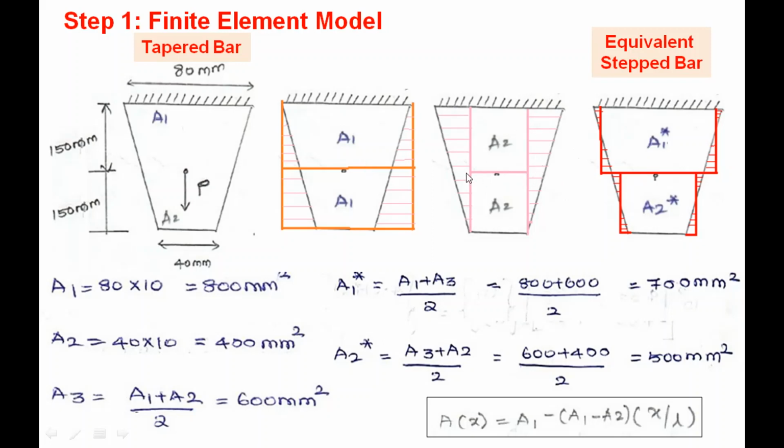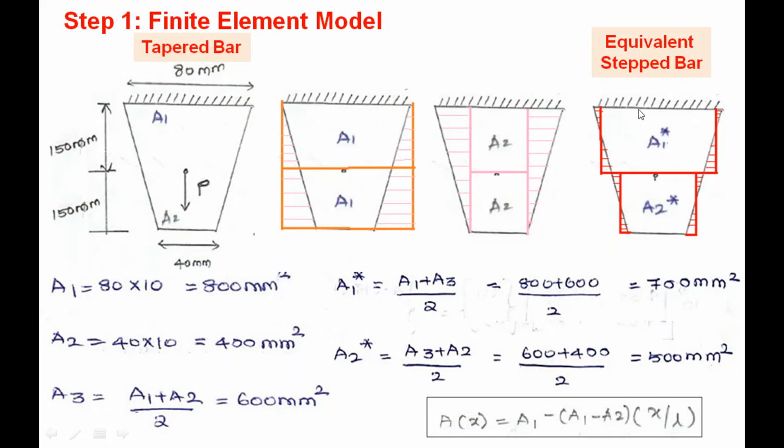Now, to minimize this discretization error, we are going to consider a two element model. For the first element, we take the area of cross section as the average of A1 and A3, which is called A1 star. A1 star is (A1 + A3)/2, the average of A1 and A3, where A3 is the area of cross section at the point of application of the load.